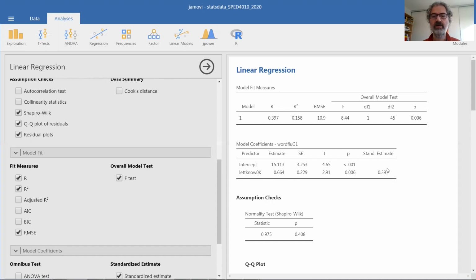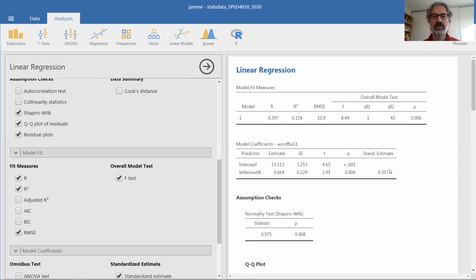Now, the standardized slope instead is the same, but in terms of standard deviations. So instead of predicted change in word fluency given a unit change in letter knowledge, this slope is predicted change in standard deviations of word fluency given one standard deviation change in letter knowledge.